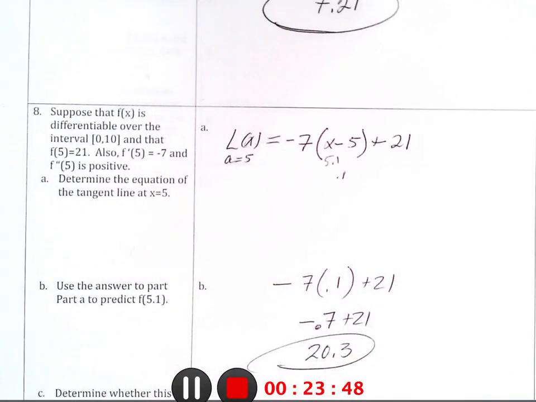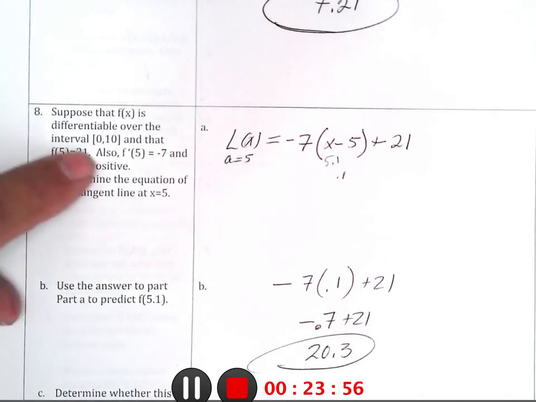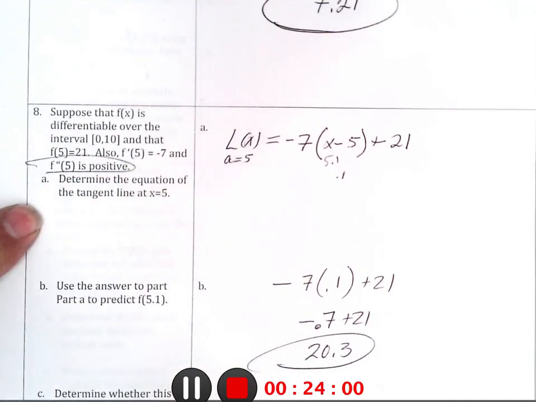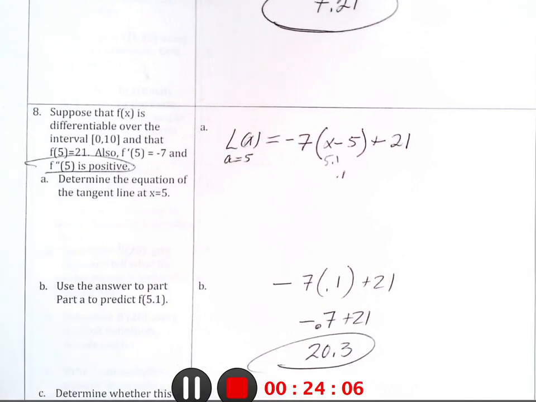And finally, is this value expected to be an over or underestimate? And they said up here that the second derivative is positive, meaning this is curved up. Wherever it is, it's curved up. And whether we're on the tangent line here or tangent line here, this line is going to give you values that are under the curve.